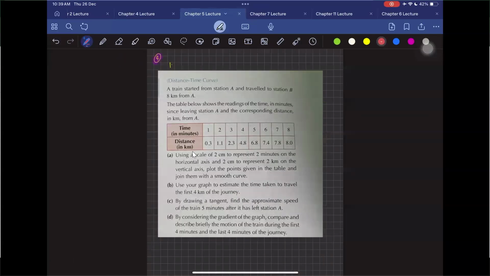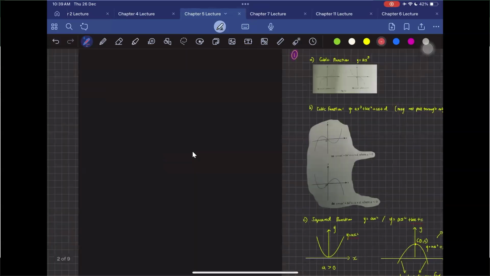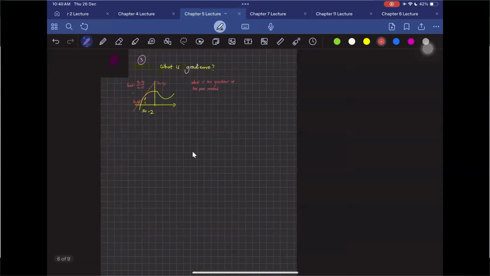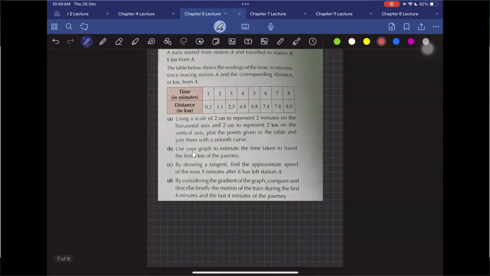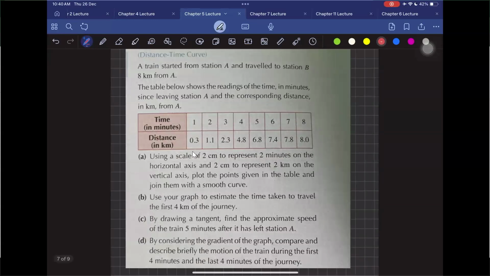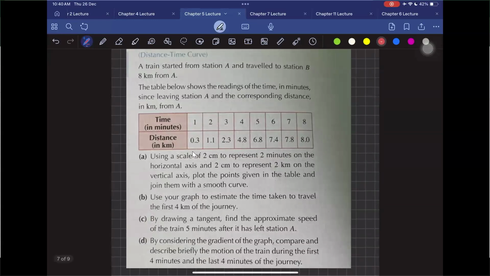The last part is, if I'm not wrong, application-based questions. An example would be this type of question. You have been told that station A and station B are 8 km apart, and they give you the time and distance.